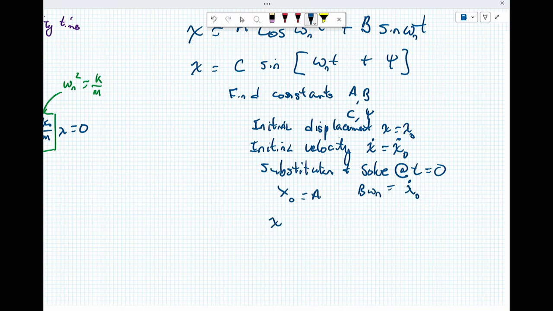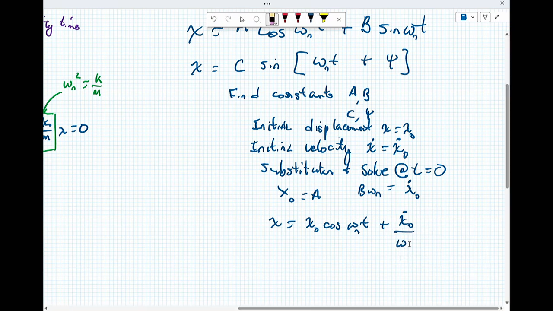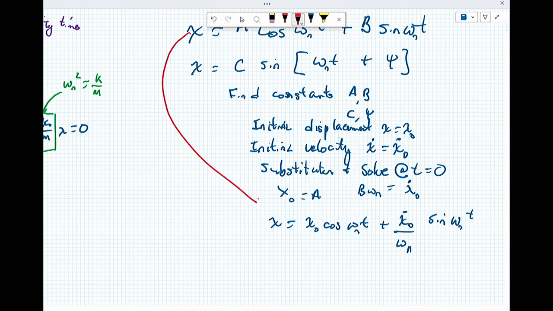And my function for the first form of the equation is just going to be x equals x naught cos omega n t plus x dot naught divided by omega n, sine omega n t. So from that to that.